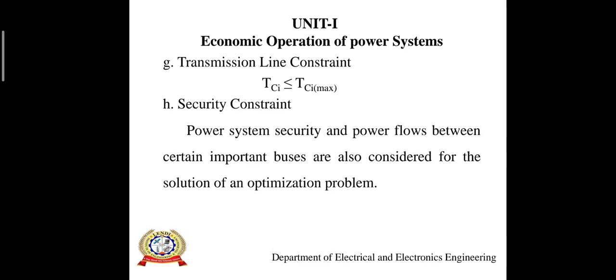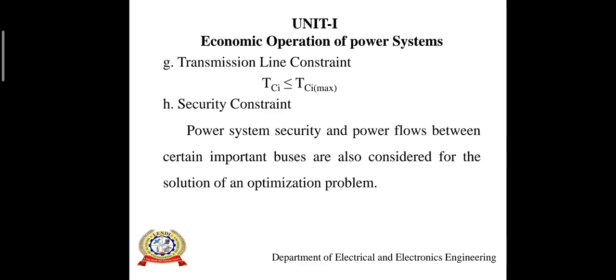That's why we write TCI less than or equal to TCI maximum, because it has a maximum thermal capability. So the active and reactive power flowing through this particular transmission line should be less than or equal to TCI maximum, where TCI maximum is the maximum loading capacity of the ith line. So this is the transmission line constraint.